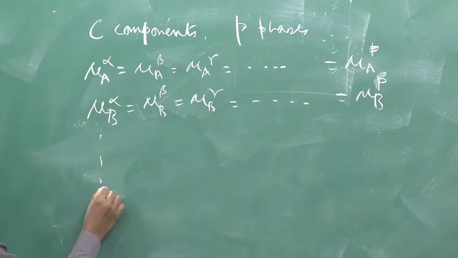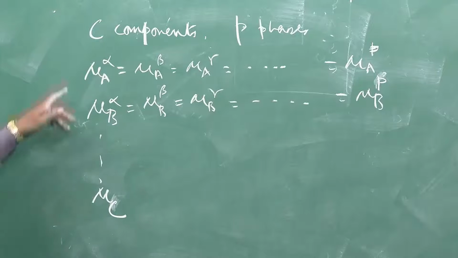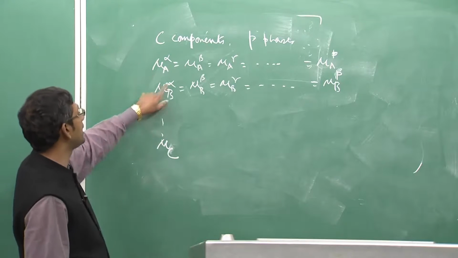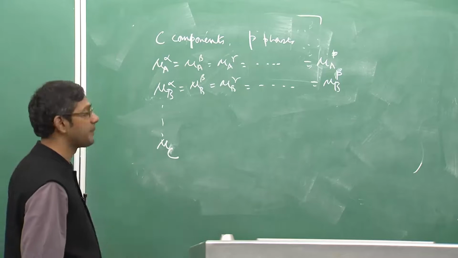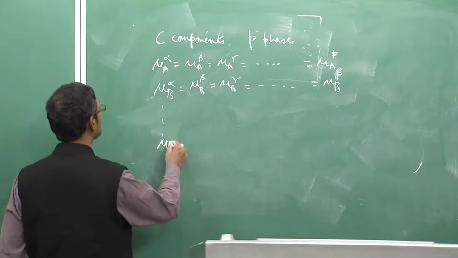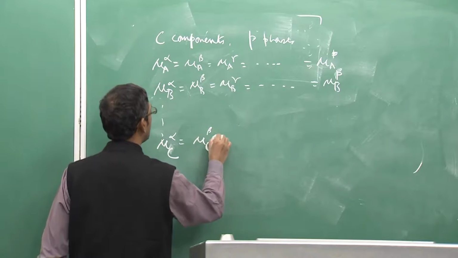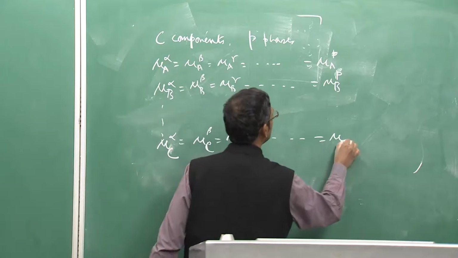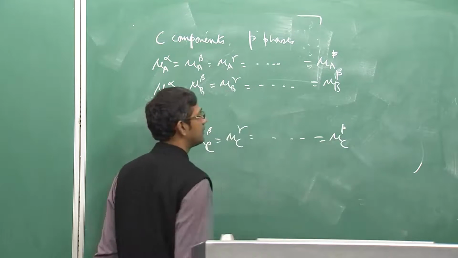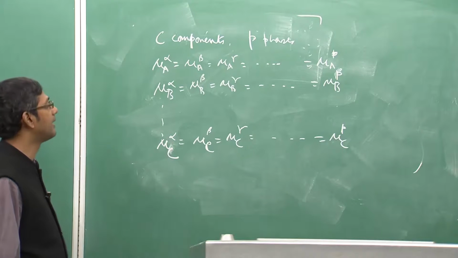Like that I can write down mu C. There are C components; don't think it's just A, B, C. The total number of components C may be any number, maybe 100, 200, 300. So this becomes mu C alpha, mu C beta, mu C gamma, equal to mu C P. How many equations are there, any idea?